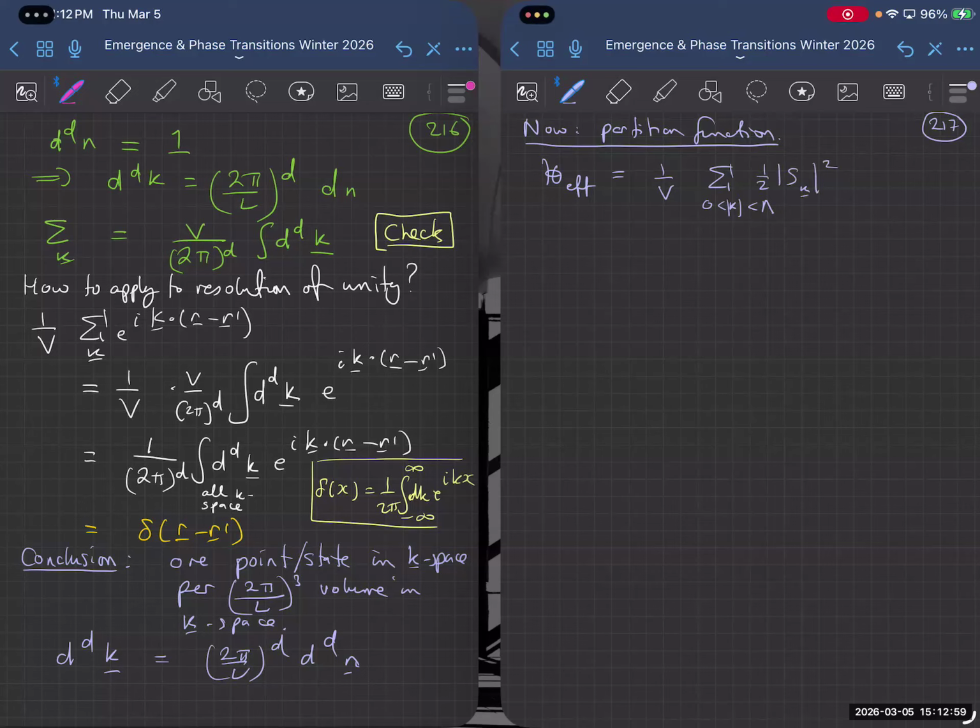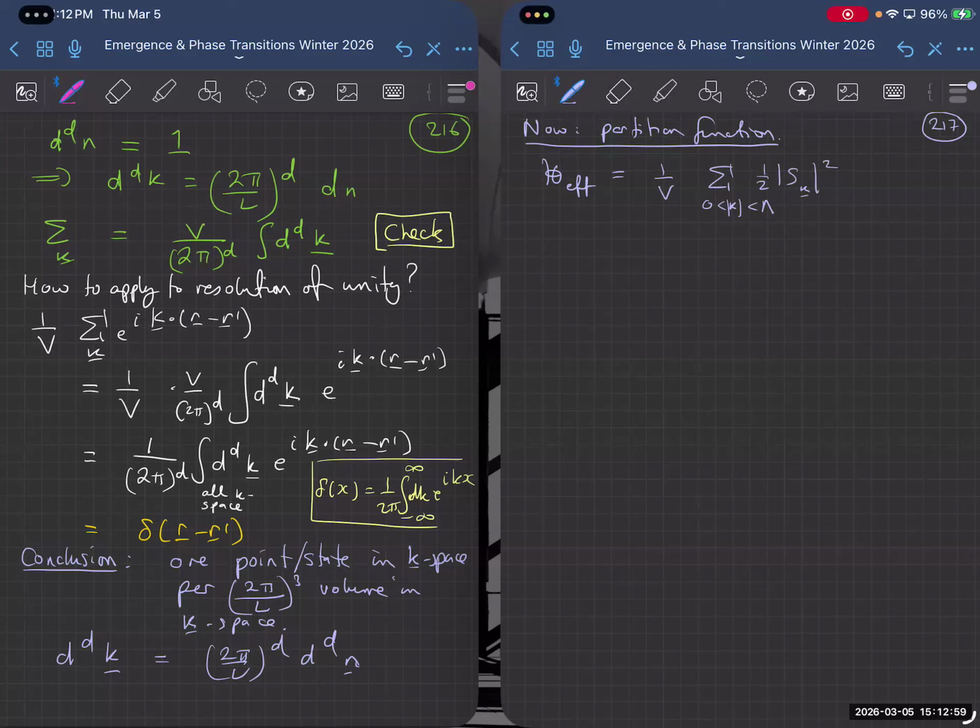Okay, so it's diagonal. So then, if I write down the partition function, it is the trace over the degrees of freedom of e to the minus the effective Hamiltonian. And I'm going to write down this trace. Well, I can do it as a trace in real space, or I can do it as a trace in K space. So this is then a trace over the s of k modes, e to the minus the effective Hamiltonian.